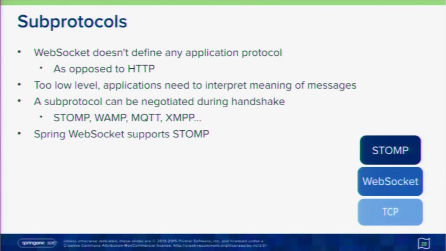It happens that Spring WebSocket supports the STOMP protocol, which is a really simple protocol, really focused on this kind of messaging style where you have destinations, you can subscribe to those destinations, and you can send to those destinations. So really similar to JMS or AMQP, these kind of messaging protocols, but really simple and running on top of the WebSocket connection.